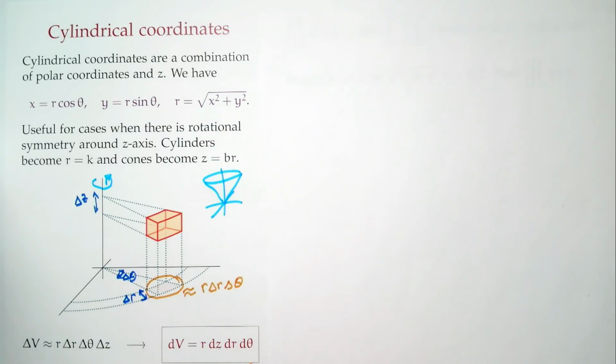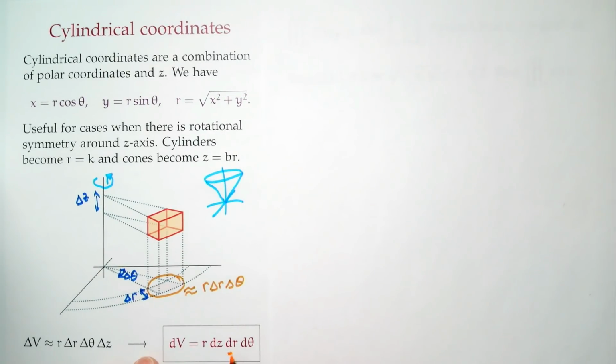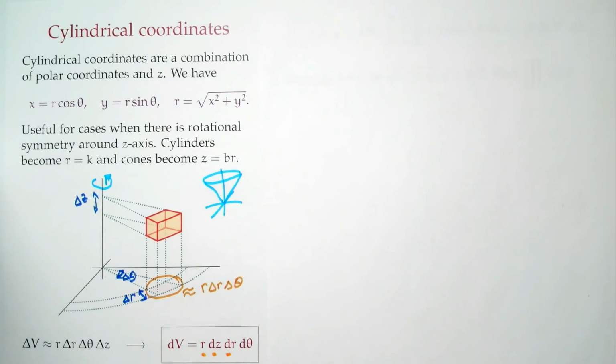Does d theta measure a distance? The answer is it doesn't. It measures a change in angle. That's not a distance. But dr is a change in distance, so that's a distance. dz is a distance. And then r is a distance. So you do get three distances fitting in there. So it makes sense that dV being r dz dr d theta gives us what we need.